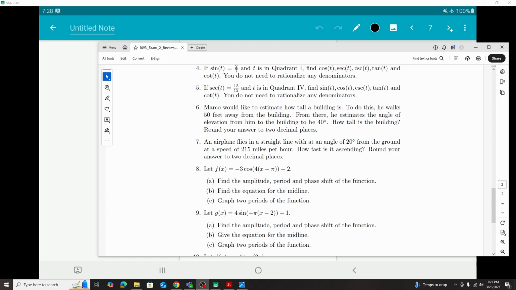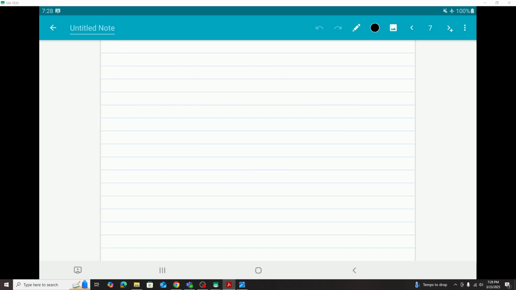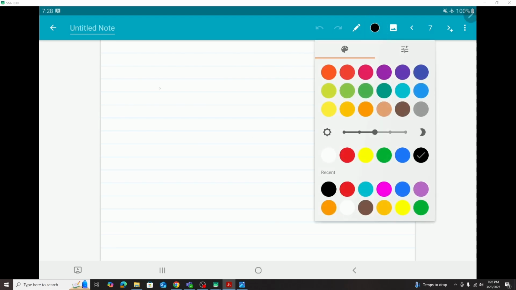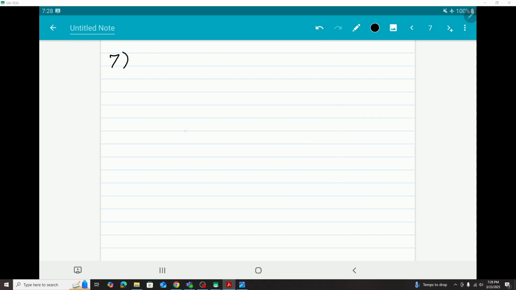Number 7. An airplane flies in a straight line with an angle of 20 degrees from the ground, at a speed of 215 miles per hour. So the question is, how fast is it ascending? Let's ponder that in a second, but let's draw what we have. So we have our plane, and it starts on the ground.